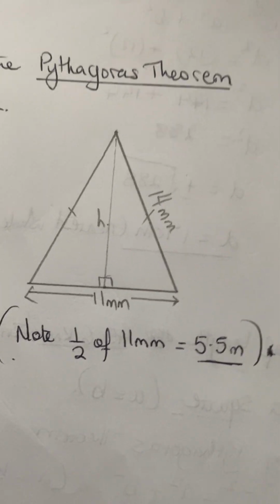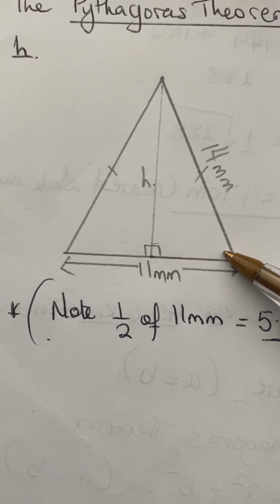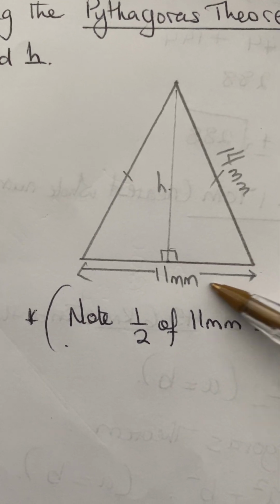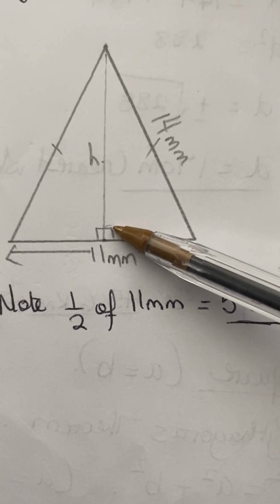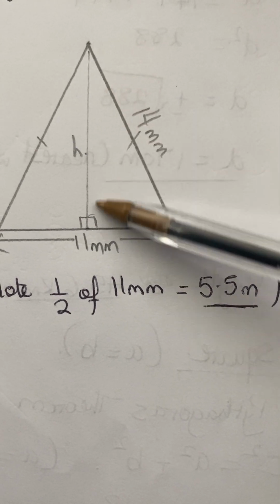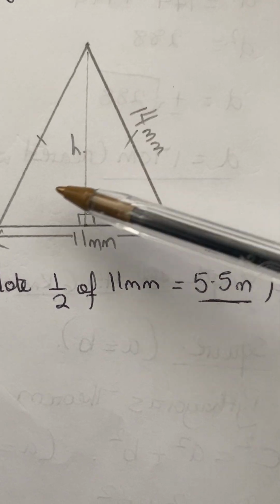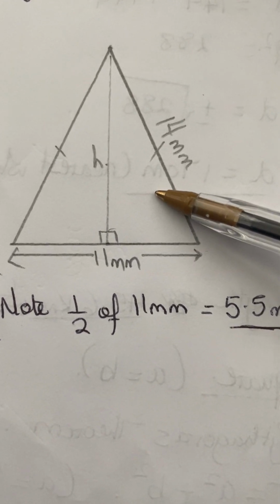So this is an isosceles triangle. Now we've been given the base. The right angle is here, so we only choose one of them, as we have two equal right angle triangles.